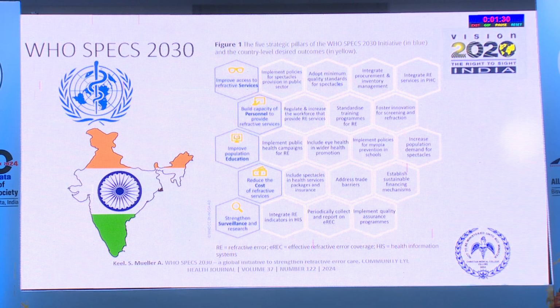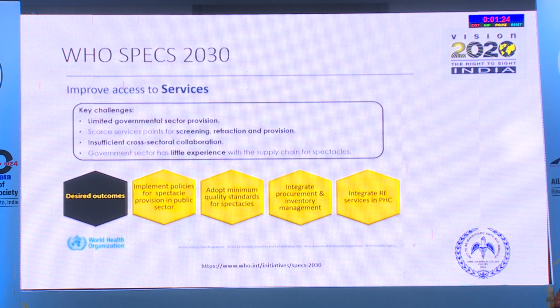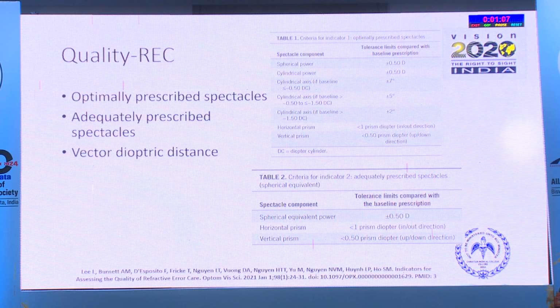In addition, it has also laid out desired outcomes at the country level. This looks like a busy slide, but we'll go through that very quickly. So for the services segment, we need to focus on policies, adopt quality standards, integrate procurement and inventory, and integrate with the primary health centers. I'm pretty sure Dr. Praveen will tell us more about that.